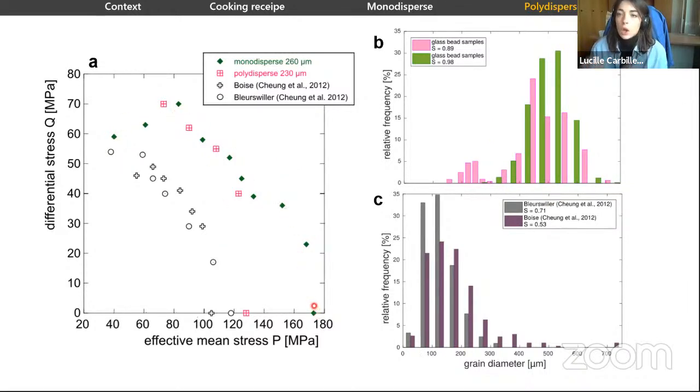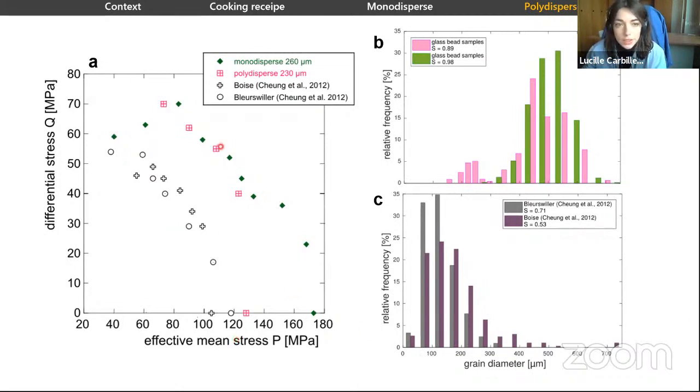While you're looking at this, keep in mind that all these samples are the same except for their grain size distribution. So we're really studying grain size distribution in isolation here. These are just very recent results, and the beginning of our current project.